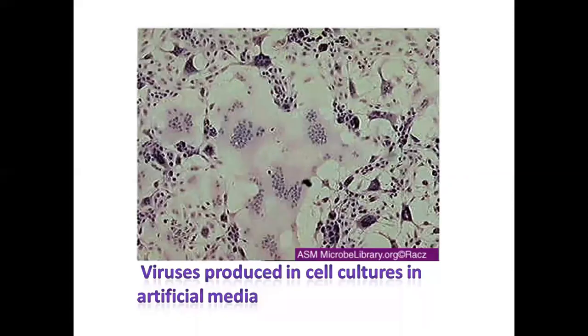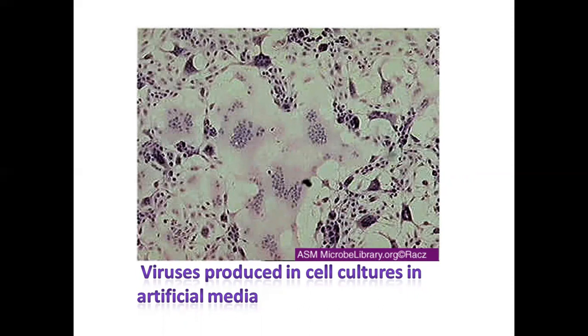And this is virus multiplication, because unlike bacteria or fungi, we cannot grow viruses on their own, because they are obligate parasites. They cannot live in other media. They need a living cell.